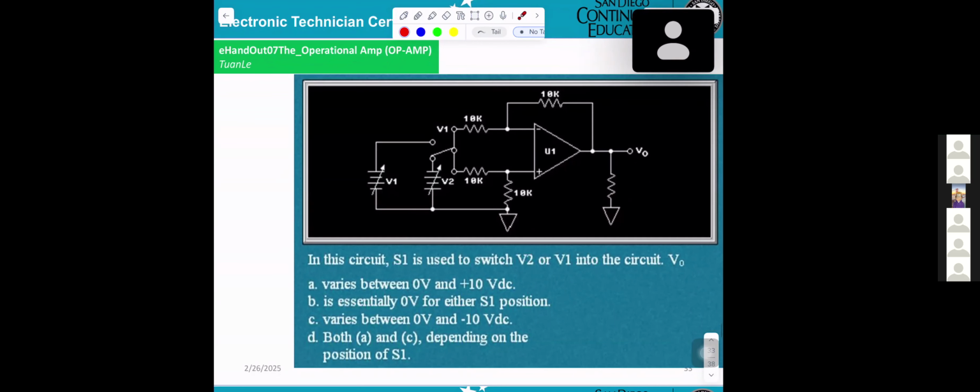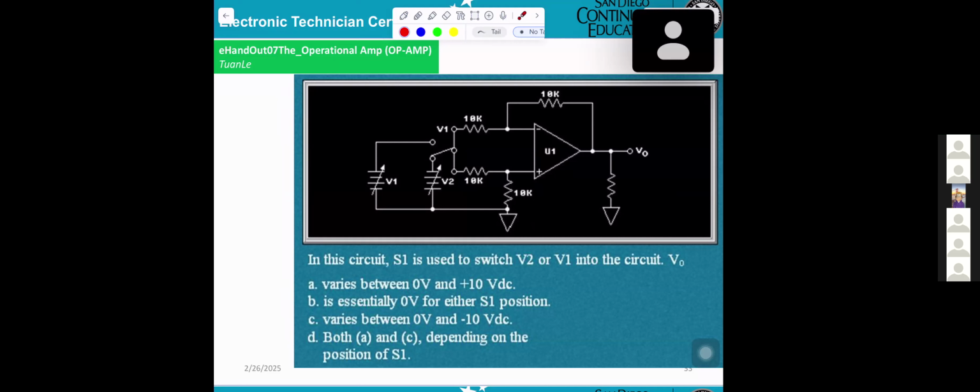In this circuitry, S1 is used to switch V2 or V1 into the circuit. Vout varies between 0, essentially 0 for either, or between 0 and minus 10, both A and C, depending on the position of S1.